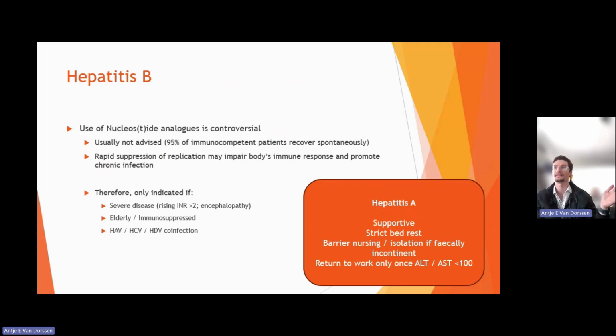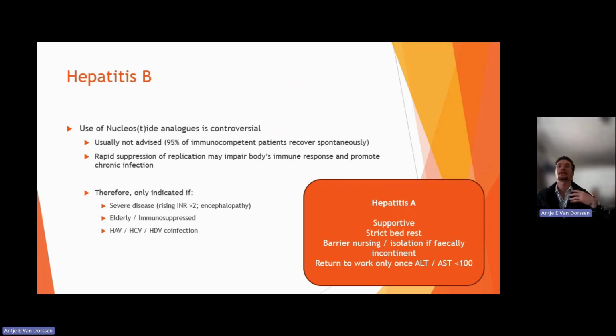We want the person to clear the infection, with the understanding that the liver failure and synthetic dysfunction that we see in acute hepatitis is a result of the body's immune system targeting those infected cells. So it's a balance.